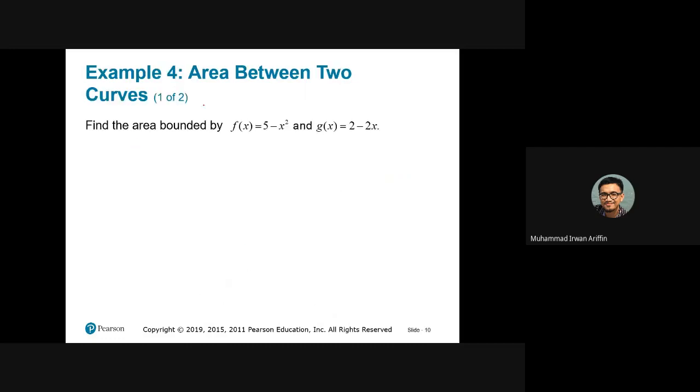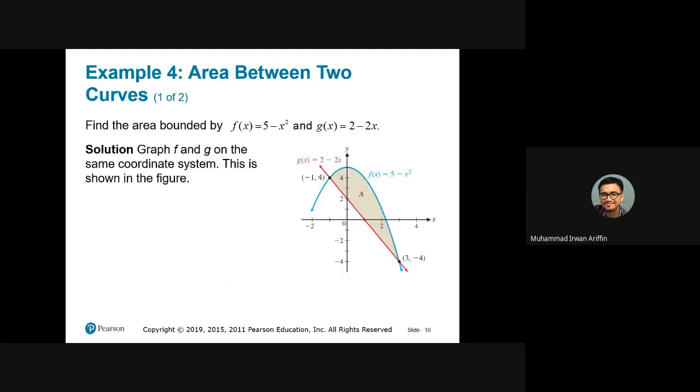Now, example 4: find the area bounded by these two functions, f(x) and g(x). First of all, we draw the graph, and it's shown here. We simply want to find this specific area between these two curves.